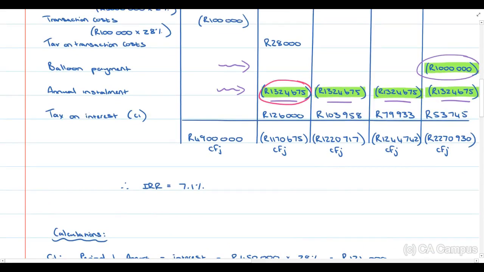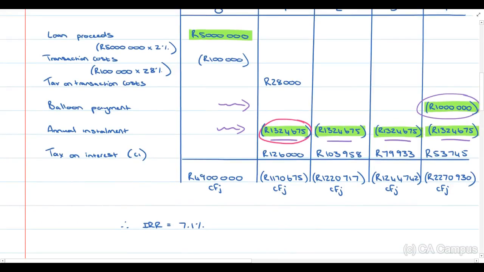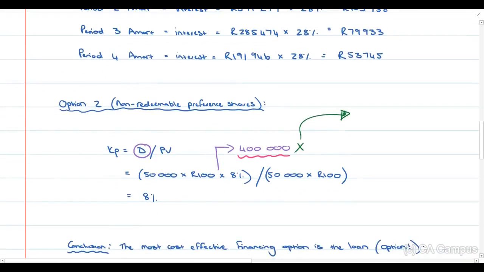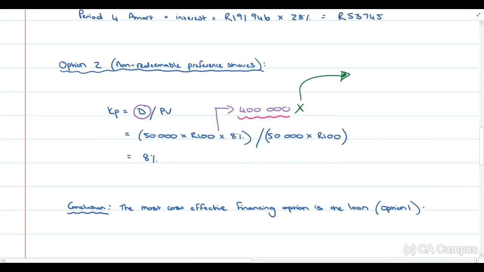But obviously the advantage of the loan is after year 4, those cash flows then stop because the loan has been repaid. But with the non-redeemable preference shares, these are going to be preference shares in perpetuity. So this dividend is going to be paid in perpetuity or indefinitely. So they need to make sure that indefinitely they have enough cash inflows in order to settle this annual dividend payment.